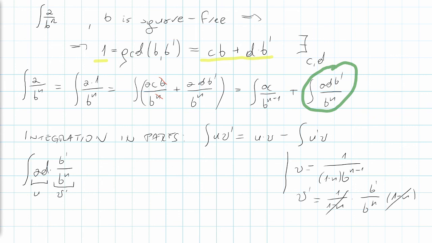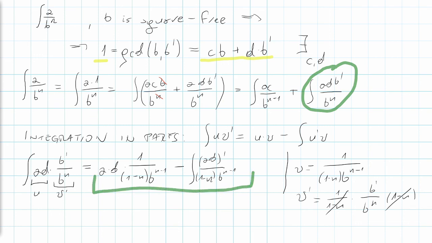These two factors cancel, and we have indeed this form. So using integration by parts, we see that this integral is a times d times v, which is 1 over 1 minus n times b to the power n minus 1, minus this integral of u prime v. So this is the integral of a d prime over 1 minus n times b to the n minus 1.